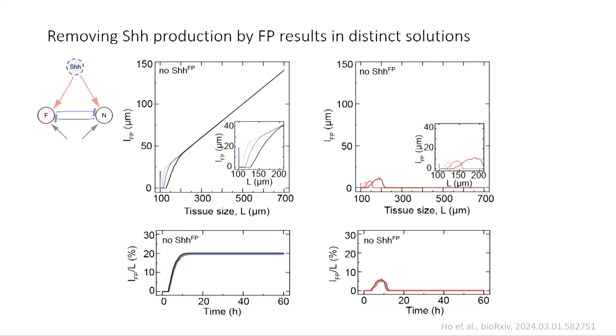And now if you delete this Sonic Hedgehog that is produced by the floor plate, so again you remove one of the links, you see that here nothing changes, also in this scaling, and here you lose the floor plate. It's formed initially, but then because there is no feedback of Sonic Hedgehog production, it cannot maintain itself.